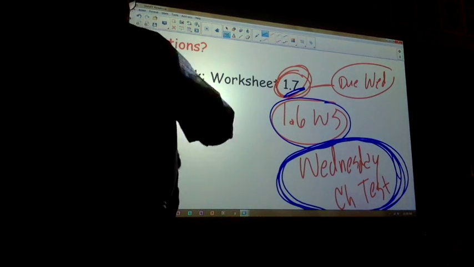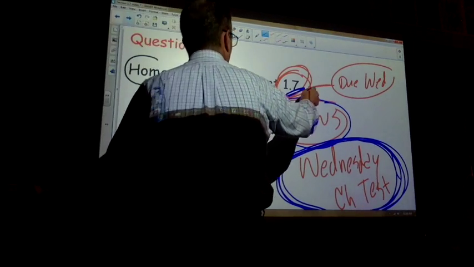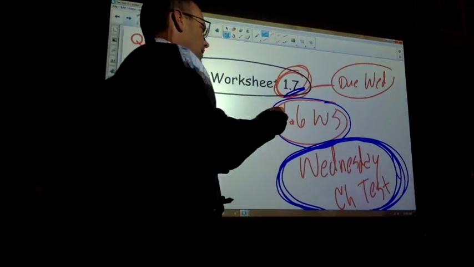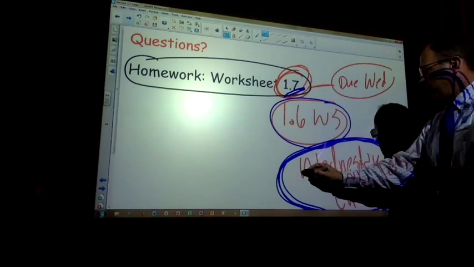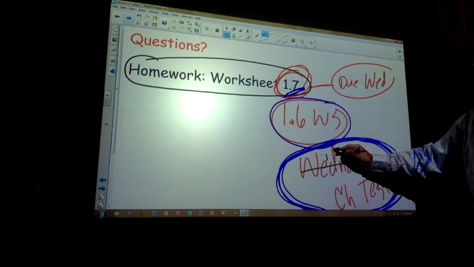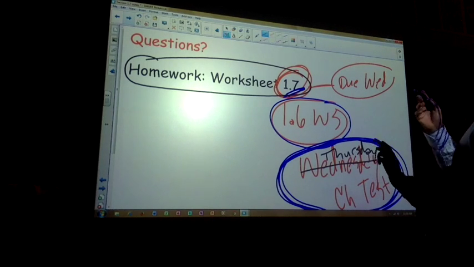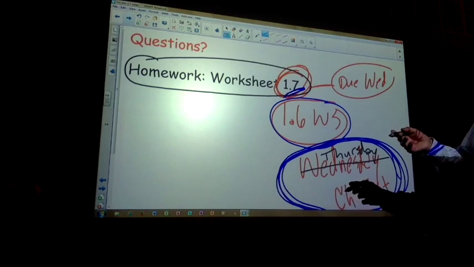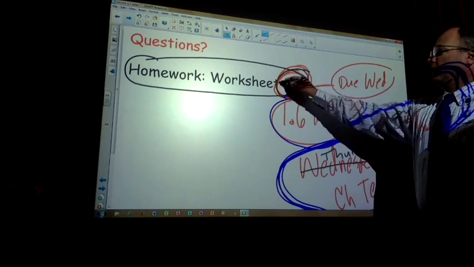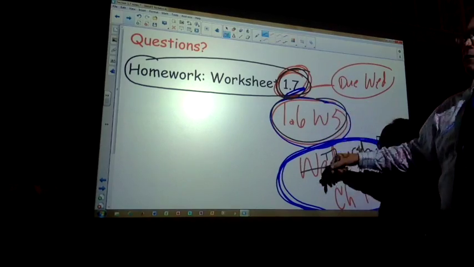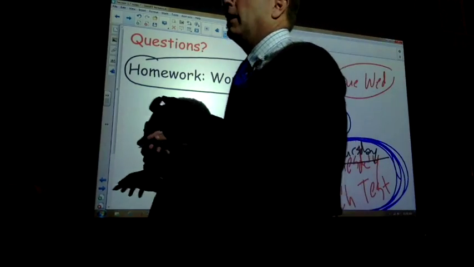So we now have enough information to complete worksheet 1.7. Okay? I'm going to move this to Thursday. Here's the problem. We're going to work on 1.7, get this done. 1.6 you've already handed in to me. 1.7 you're going to work on for the rest of the period.